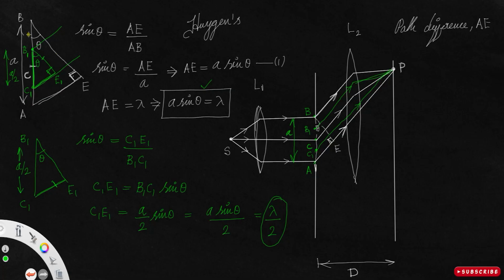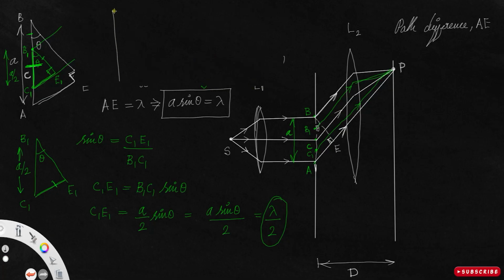Similarly, if I take any point on the first half of the slit, it will be cancelled by the corresponding point on the other half of the slit. See, let me draw that again to make it more clear. This is our whole slit BA, and I have divided this whole slit with the point C. That is, we have BC as the first slit and CA as the second slit.